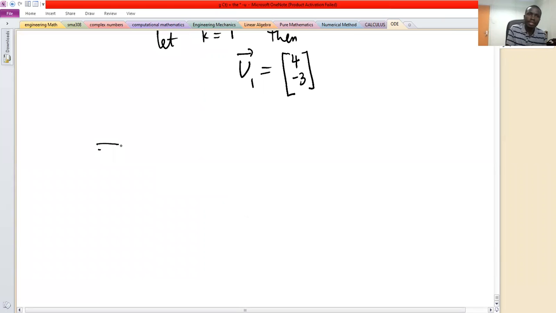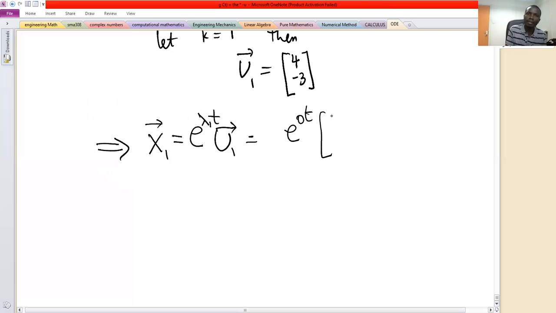Which means the first solution x1 is given by e raised to the power lambda 1 t times the eigenvector. By definition, this will be given by e raised to the power 0 t, and then 4, minus 3. E raised to the power 0 is just 1, so it is the same as 4, minus 3.